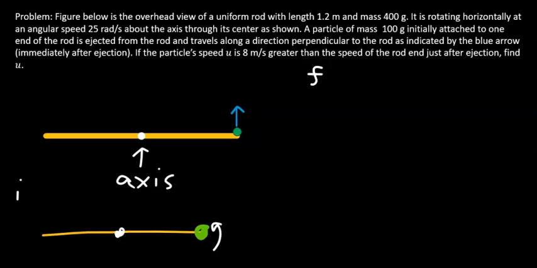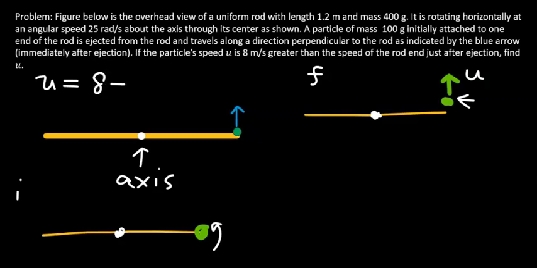The final state is when the mass detaches itself from the rod and starts moving in a perpendicular direction like that, whereas the rod is spinning about that axis. Now the speed u, the speed of this particle, we are told that u is 8 meter per second greater than the speed of the rod end just after ejection.